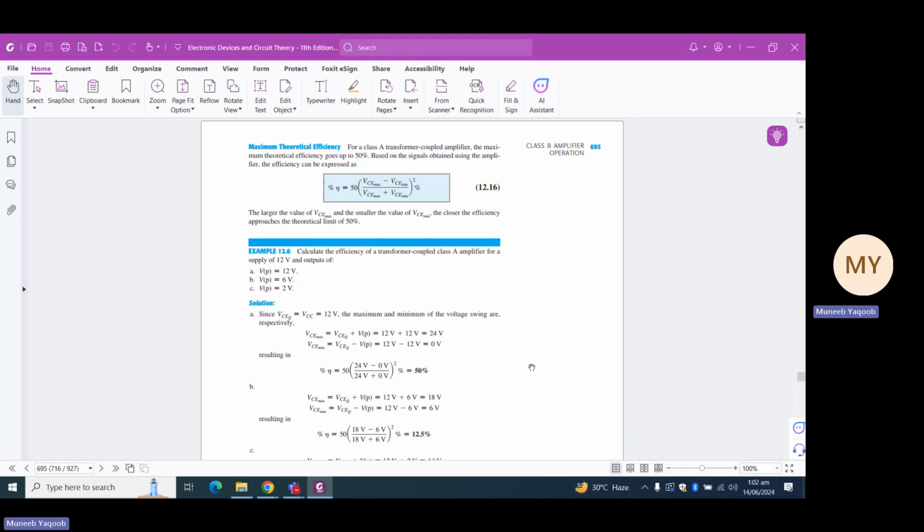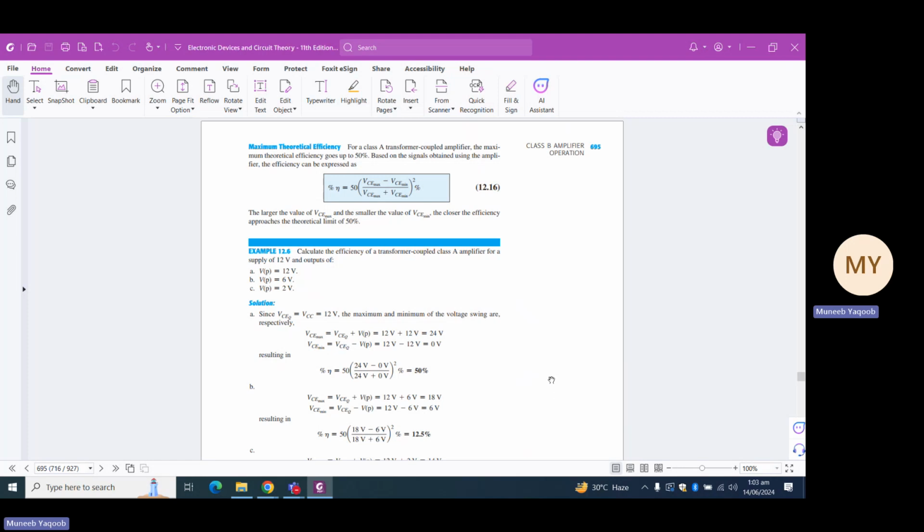Similarly, if we take the B part where the peak voltage is 6 volt, so now VCEQ is 12, so 12 minus 6 is 6, and 12 plus 6 is 18. Hence, efficiency is 25 into 6 upon 18 multiplied by 100%, which is 12.5%.